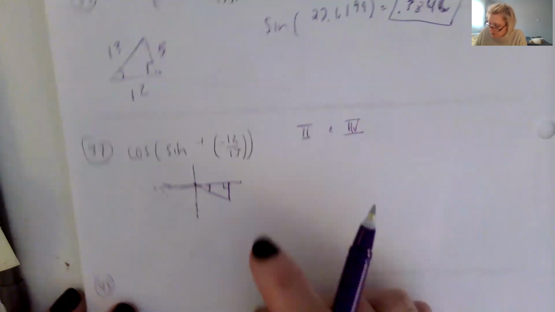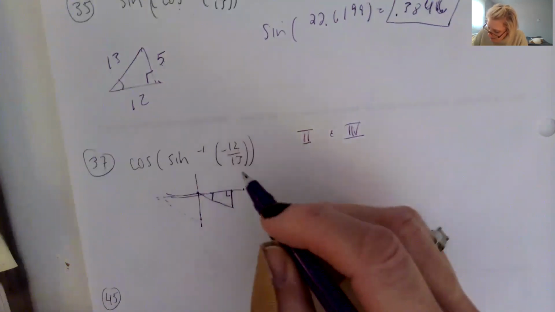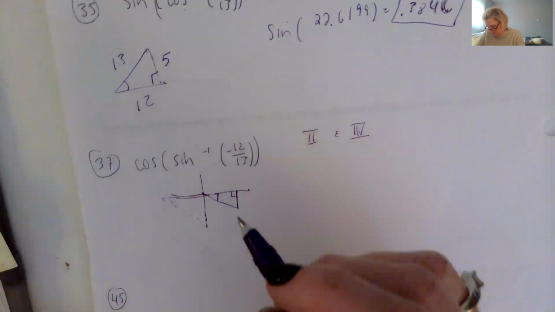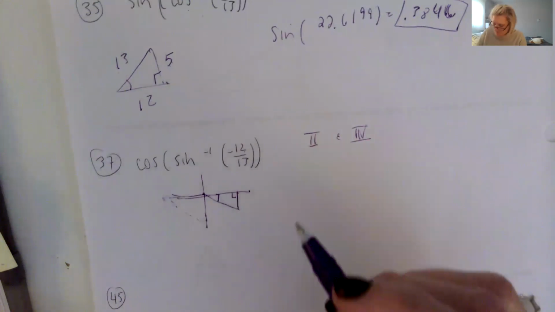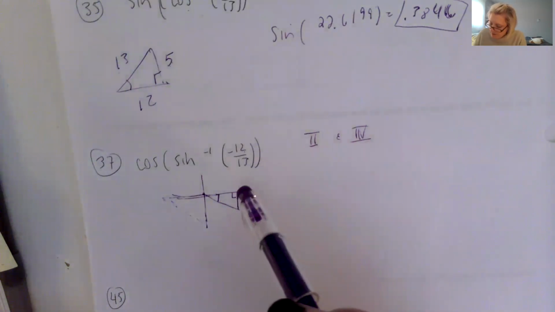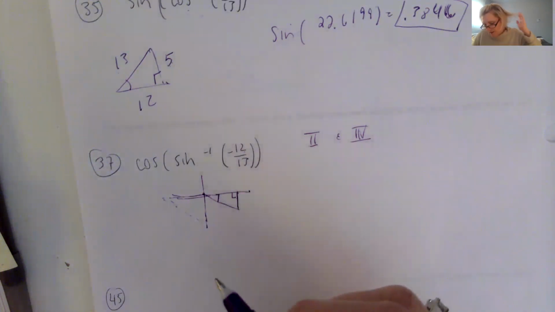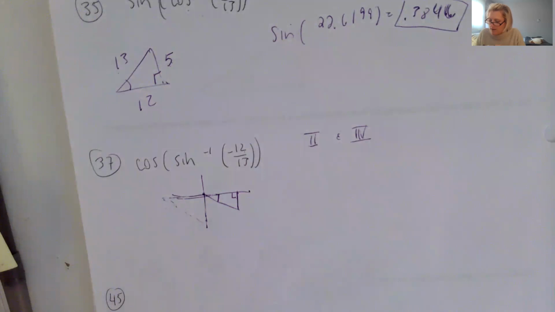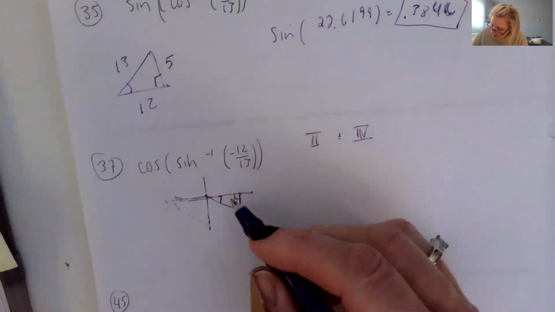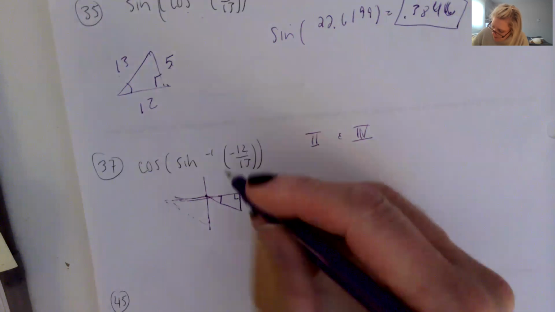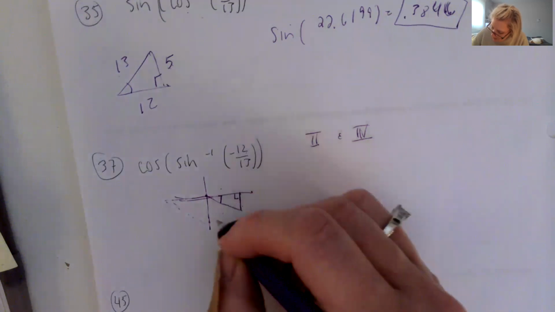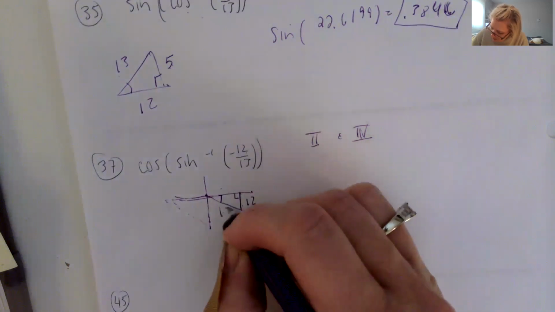So let's say we're in the fourth quadrant, and so sine is negative here, and the hypotenuse is positive. So it's going to be the opposite over the hypotenuse. So the opposite is going to be 12 and 13.